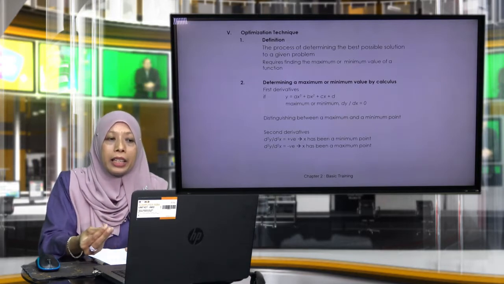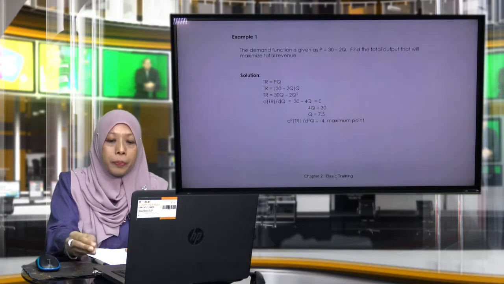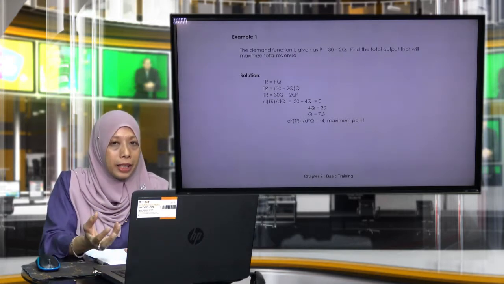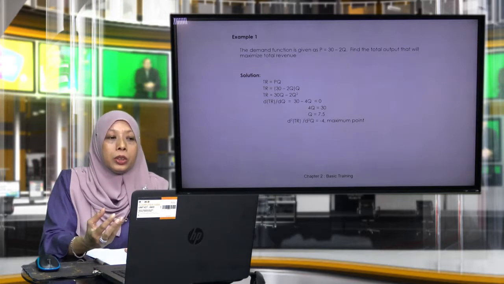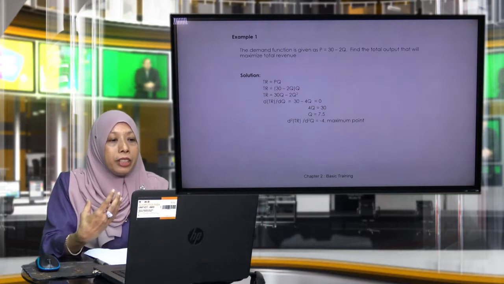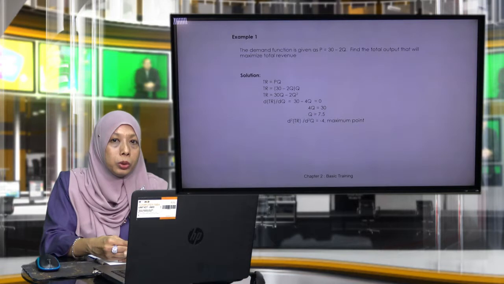And you are required to differentiate the function once and set it equal to 0. So because your main aim is to maximize total revenue, you have to differentiate the total revenue function and set it equal to 0.